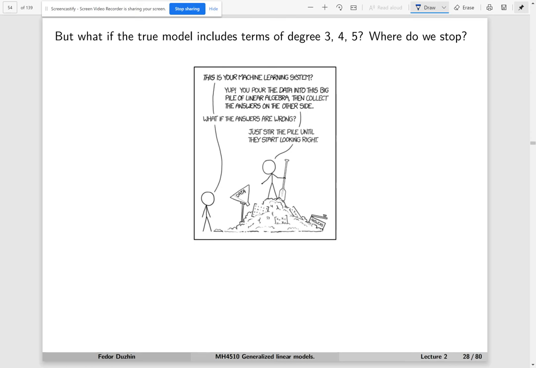But if you cannot interpret it, if you add too many terms of degree 3, 4, and 5, to the extent where it is just not interpretable anymore, then you basically should just forget about trying to interpret it, and you just treat it as a regression problem with just a lot of predictors, and you apply some regularization methods. Or maybe even better, you just don't do linear regression at all, and you do something else like support vector machine or random forest or artificial neural networks that we are going to learn a bit later in the course.